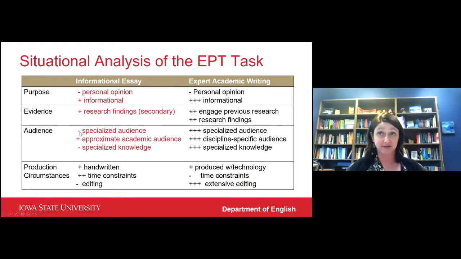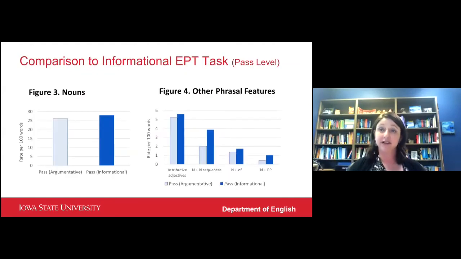We still have some differences, so there's still no specialized audience. We don't expect the learner to have any specialized knowledge. They're just getting the information from the graph. Okay? But in terms of the situational characteristics, this informational essay is much more aligned with expert academic writing. And when we look at results, we see not huge differences, but we see more of the types of findings that we would expect to see.